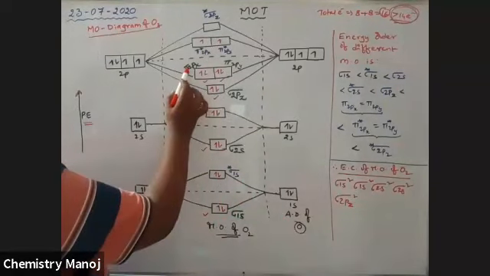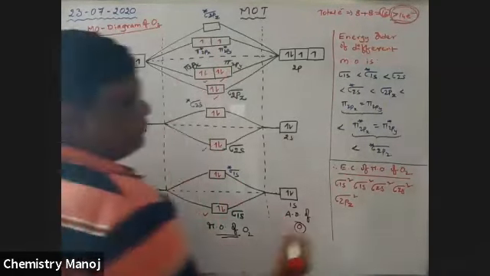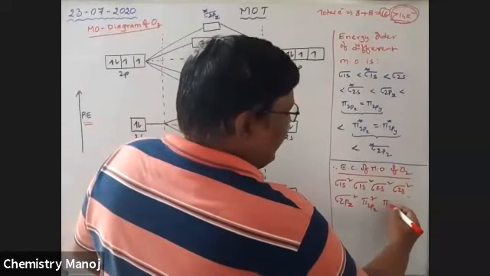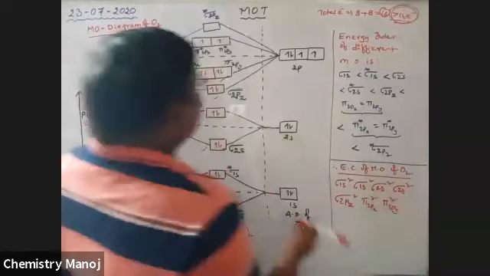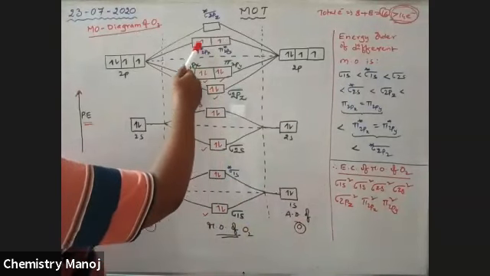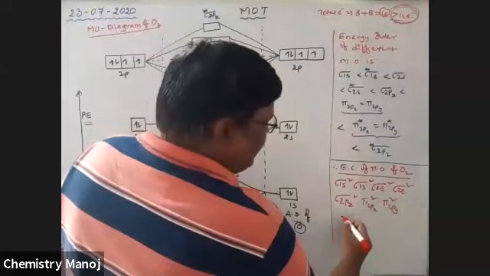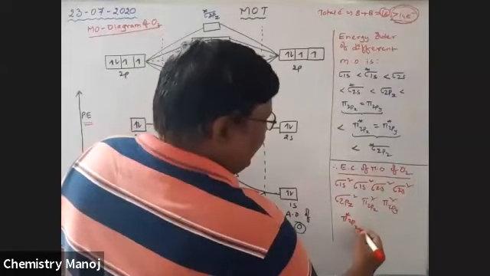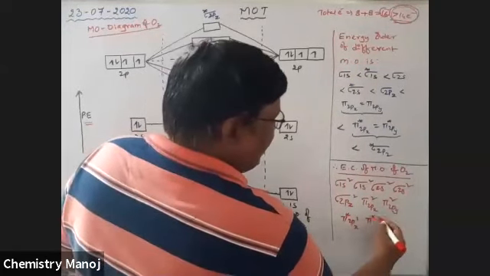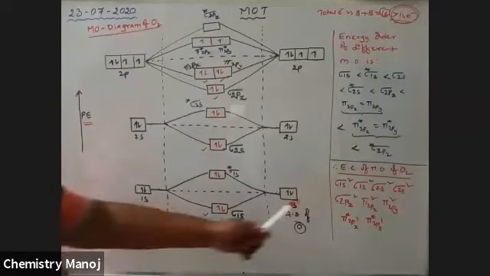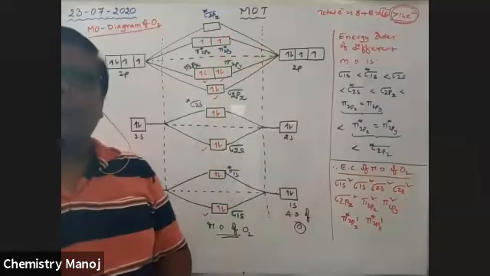Next, pi 2px2, pi 2py2, then pi star 2px1 and pi star 2py1. So that is the electronic configuration of these molecular orbitals.